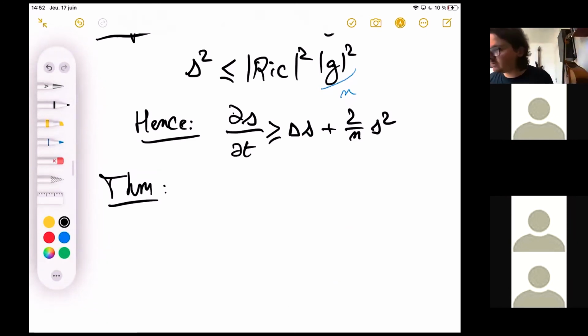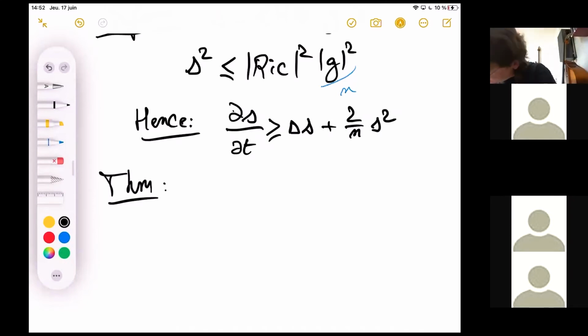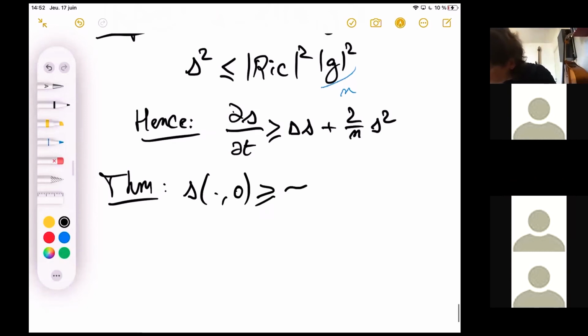But they were usually not working on manifolds or stuff like that. So maybe let's just write it for this equation. We will use it for that. Assume that S at time 0 is greater than some constant sigma.